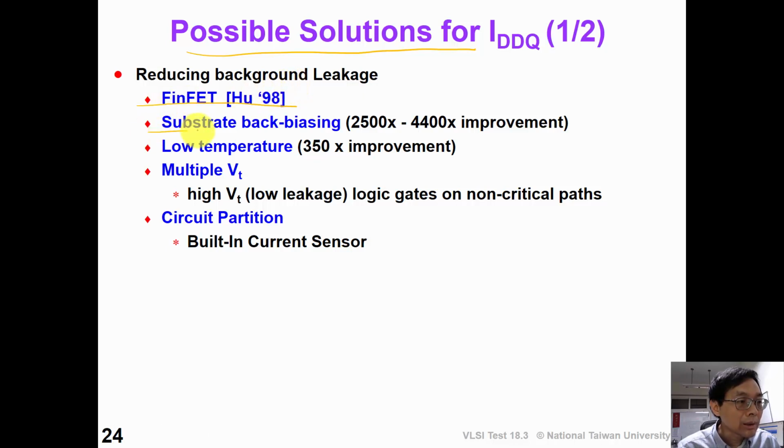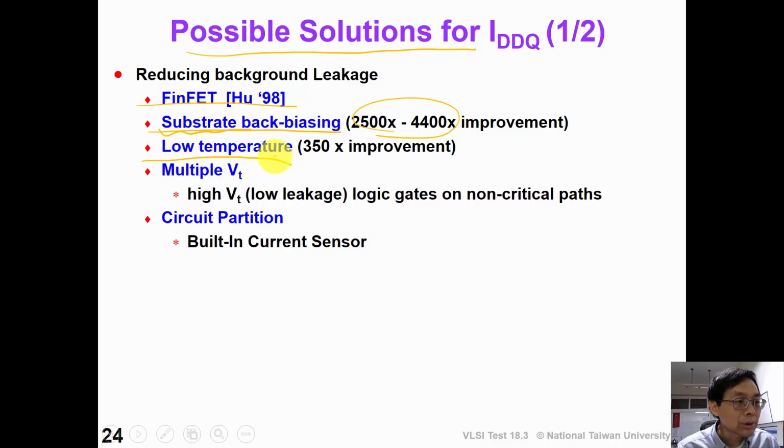The second one is that we can bias the substrate. This will provide dramatic improvement of leakage current. However, this will require some design change, so it's not very popular.